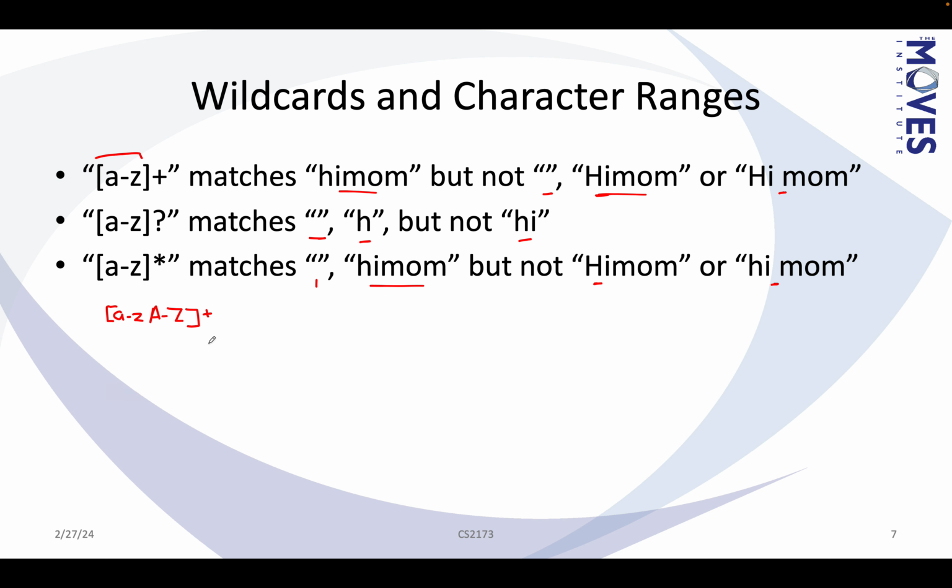If I did the same thing with the question mark, that would match this, this, and this, but it would also match a single uppercase H. And if I had the same thing with the star, that would match this, this, but it won't match this because of the space.